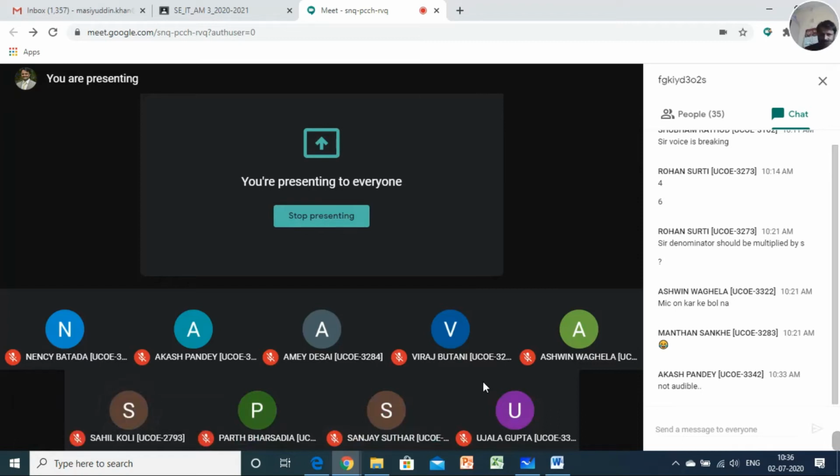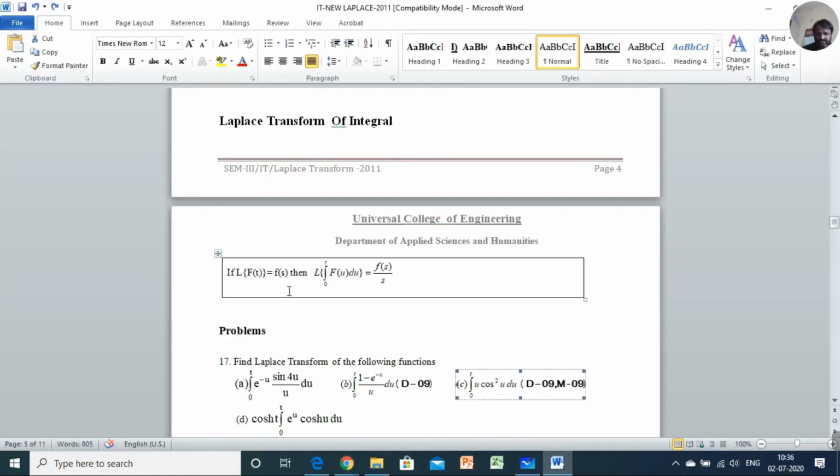Okay, thank you. Now see, Laplace transform of integral, as we just finished 1 or 2 days ago. Whenever the integral 0 to t is given, you have to apply f of s by s, meaning you have to divide the result by s, or multiply by 1 by s.